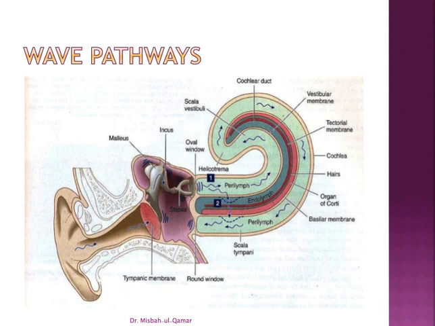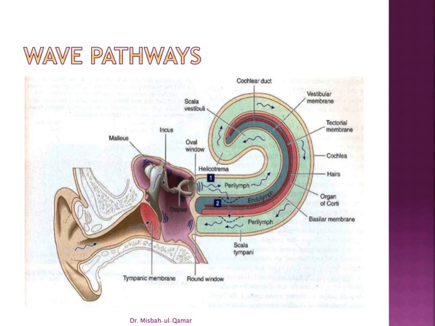The second pathway, which starts from here and then moves like this, is a shortcut, and that is from the scala vestibuli through the basilar membrane and then to the scala tympani. Now this shorter pathway triggers activation of the receptors for sound. And how does it do it?